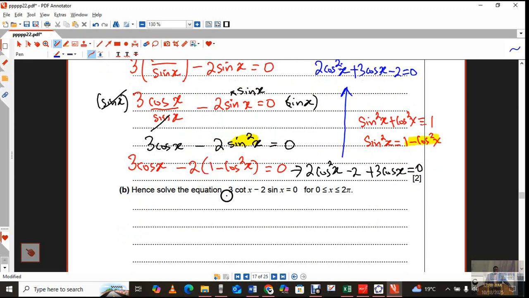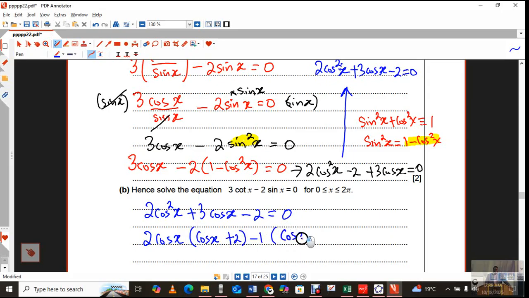We're not going to write the first equation because it is identical to this one. So 2 cos square x plus 3 cos x minus 2 equals 0. The calculator should be in radian mode. This should factorize: 2 cos x outside the bracket, I have cos x plus 2, minus 1, then cos x plus 2.